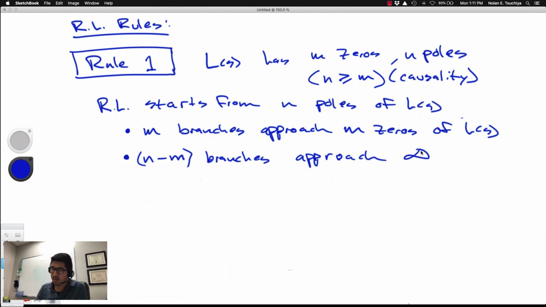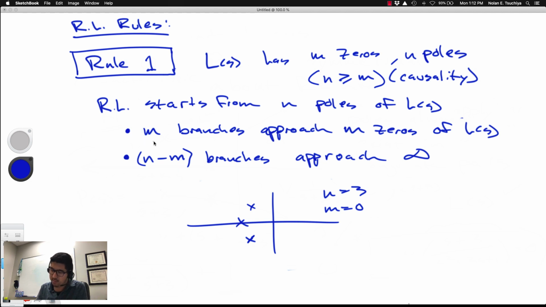Right, one of the examples that I keep coming back to is in this case here. You have 3 poles, right? In this case, N equals 3, M equals 0. There are no zeros for this particular L. Otherwise, you would have seen an O on the S-plane. So 3 branches approach infinity.